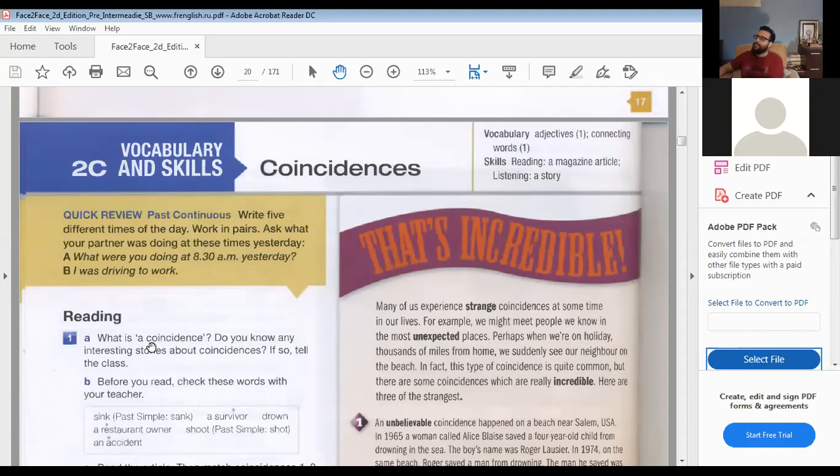Let's say you're waiting in a bank, and you see someone that used to study with you from 20 years ago, and they also use the same bank as you do. So they're also waiting, and you never expected to see this person. This is a coincidence. It's something that happens by chance. No one planned for this.